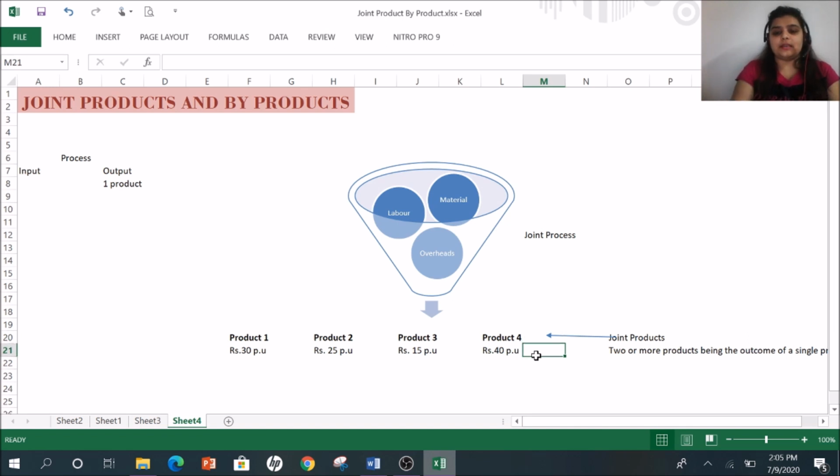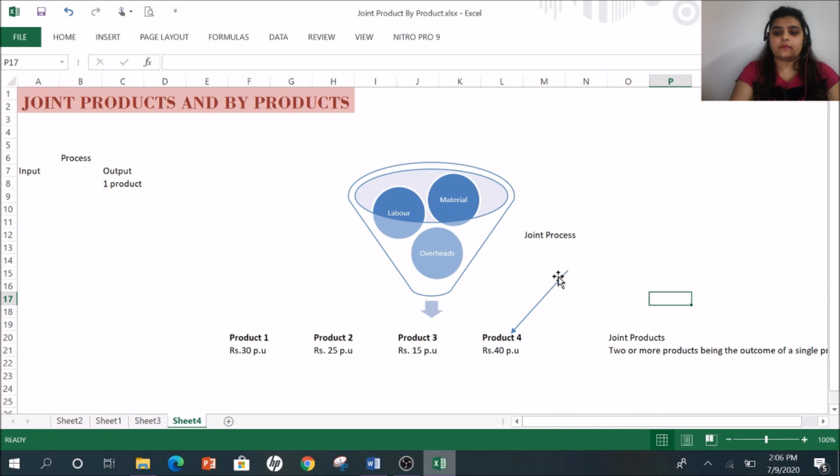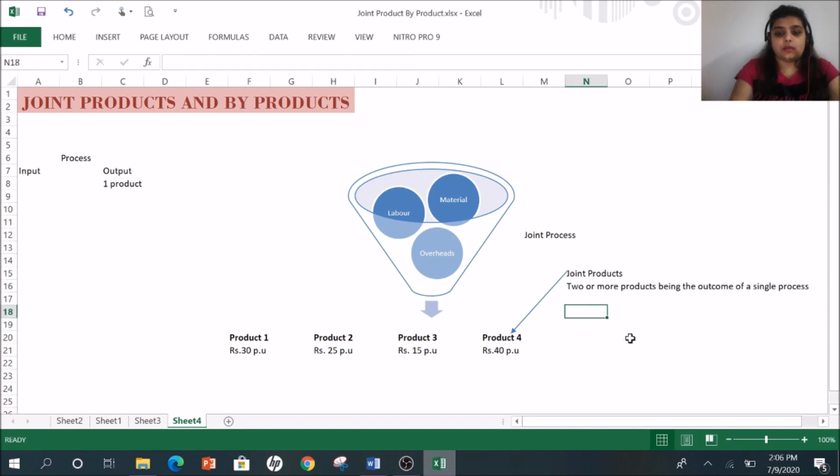So let us say there is one more product called product 5.